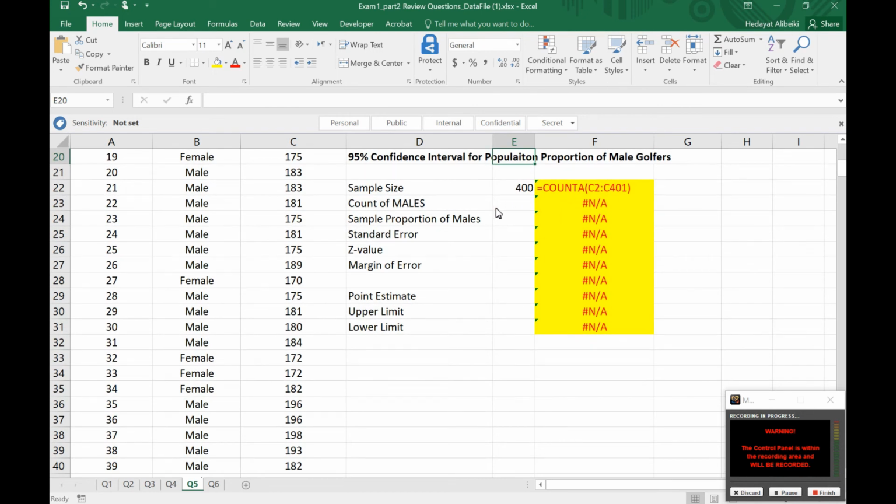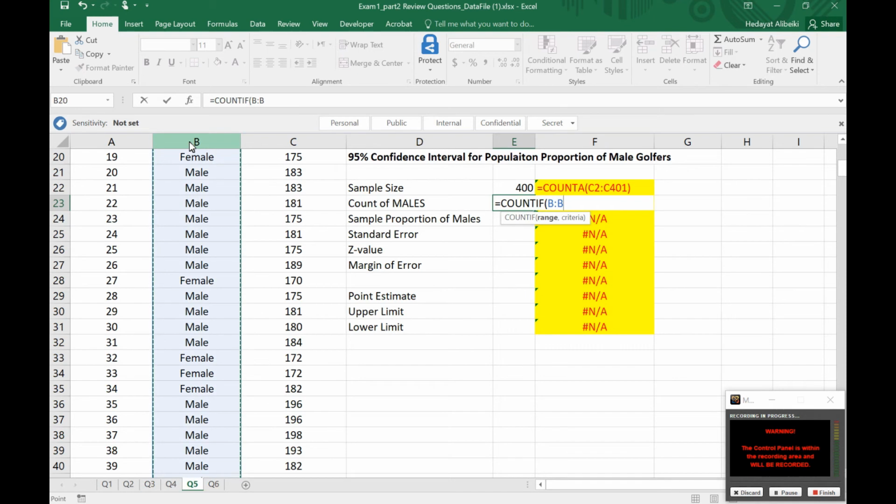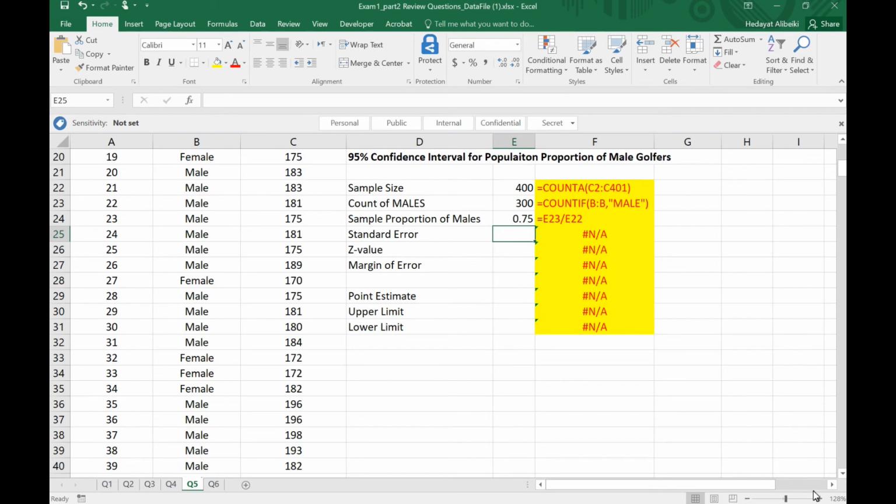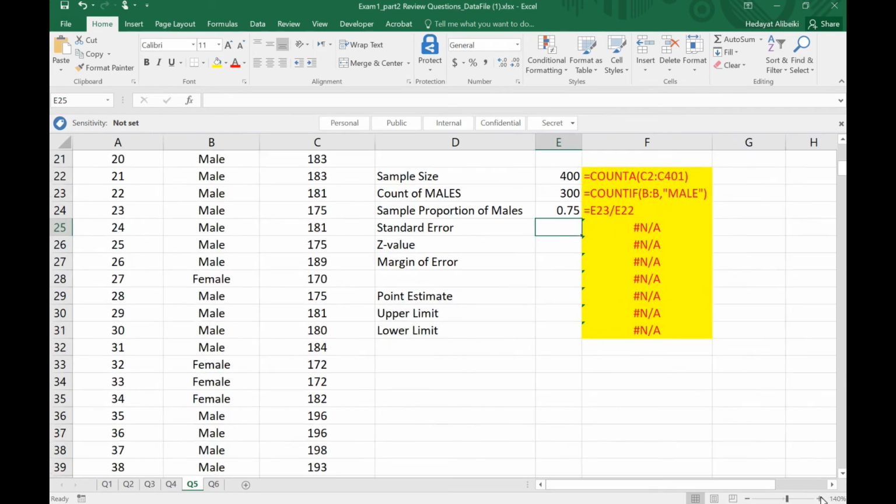Count of male would be countif in column B equal to male. So I just type male here. 300 out of 400 are male, which means that 75% of them are male. The sample proportion of male is 75%.